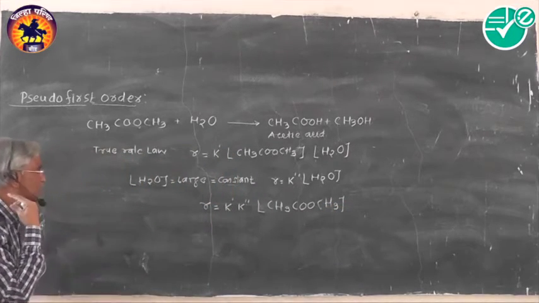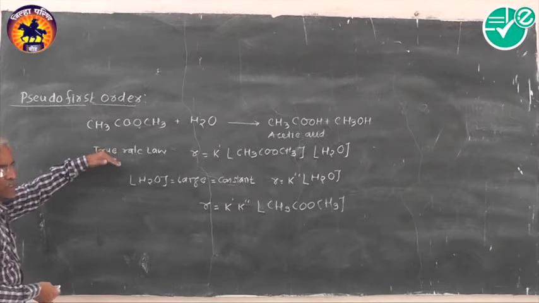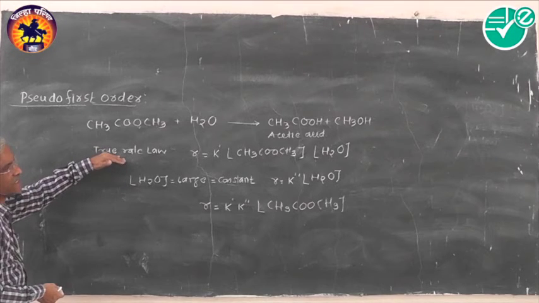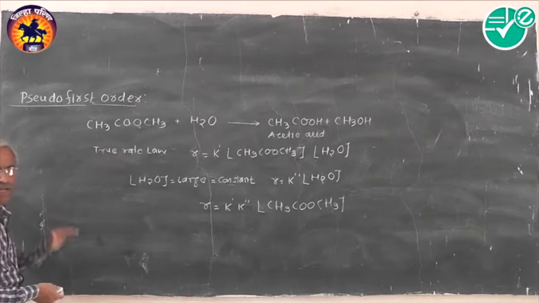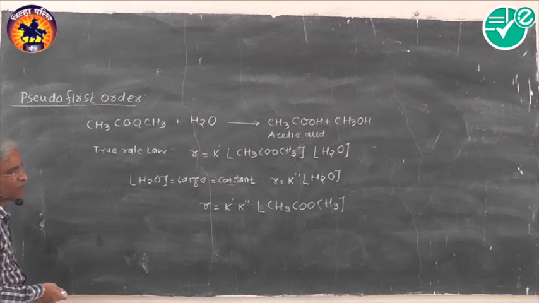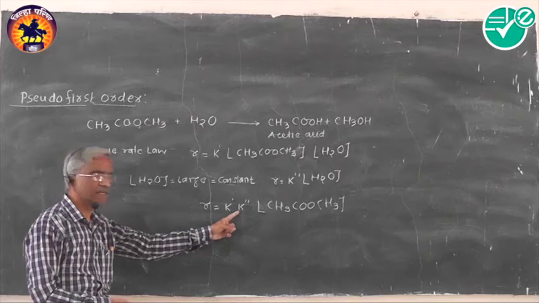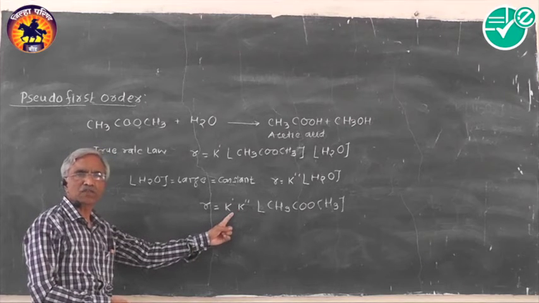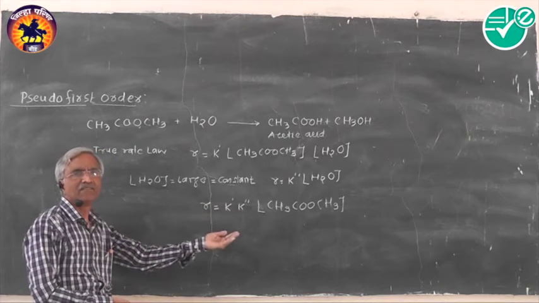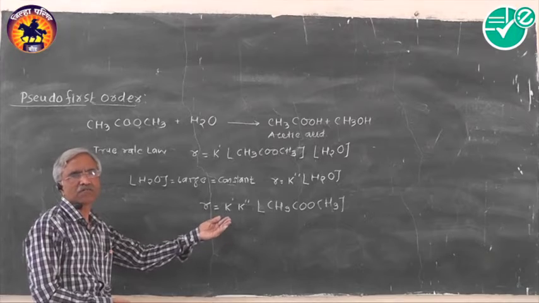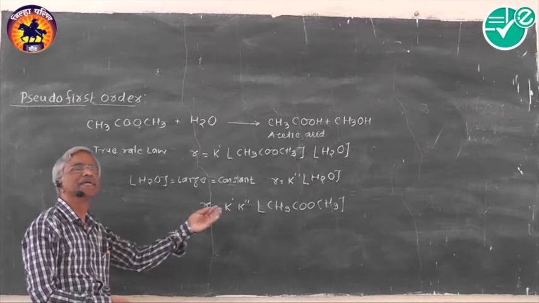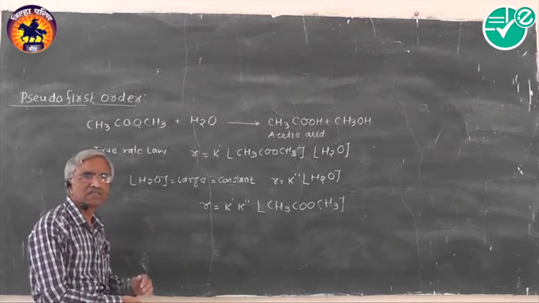If we see the true rate law, it indicates that it is a second order reaction. But here we have obtained an equation like this. This is one constant and this is another constant. Multiplication of two constants will be again one third constant. For example, 2 multiplied by 3 will be equal to a constant 6.